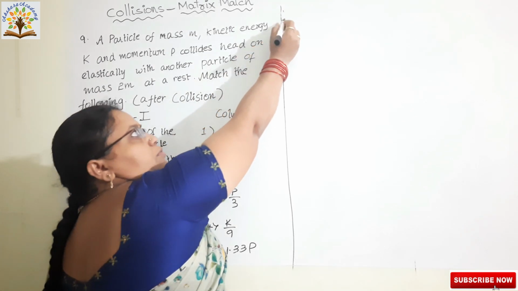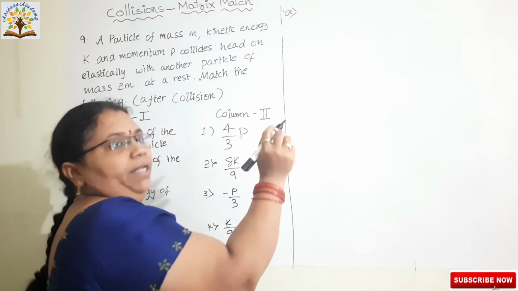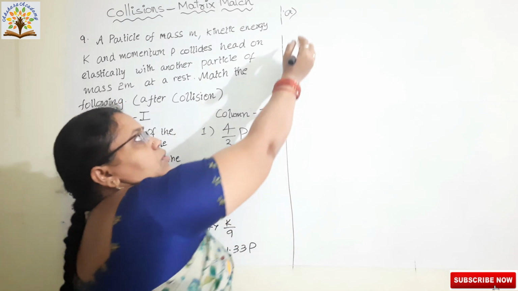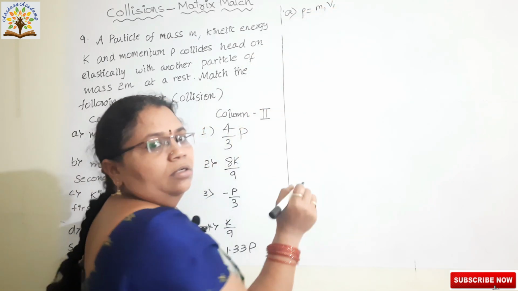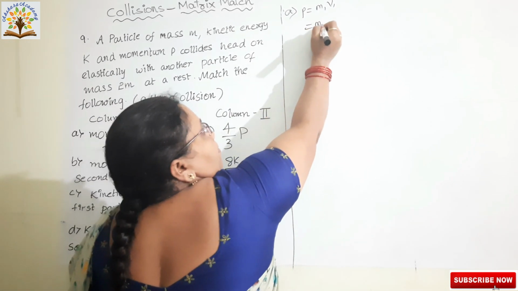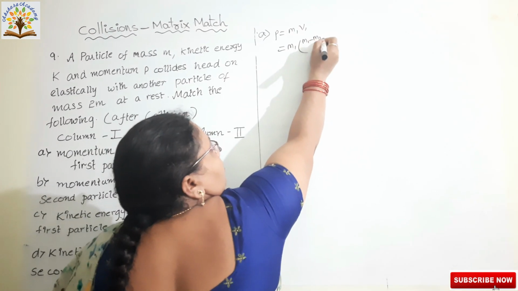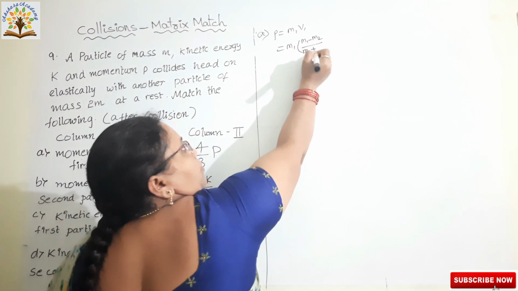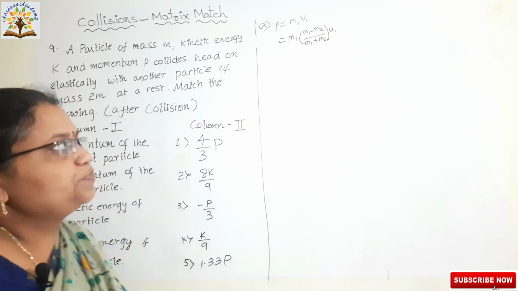Momentum of the first particle is P, which is equal to m1 v1. Now we are writing v1 as (m1 minus m2) by (m1 plus m2) into u1.